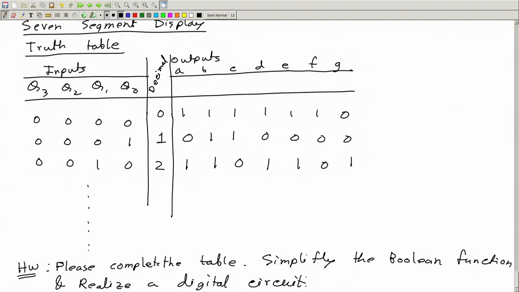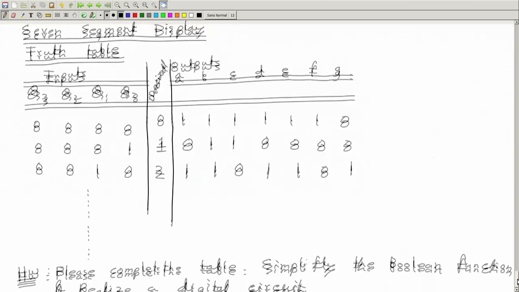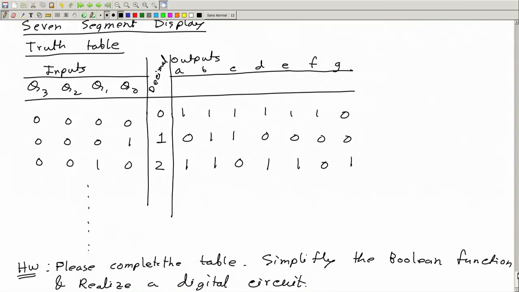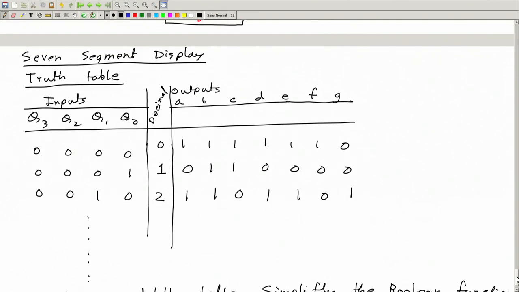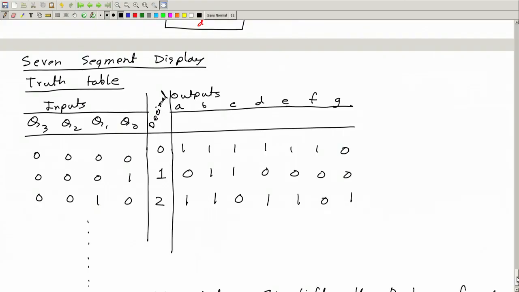Since this course is not really on digital electronics, we are not going into further detail. You can do this yourself, I believe you all can do it. This is very simple. So this is about the 7-segment display.